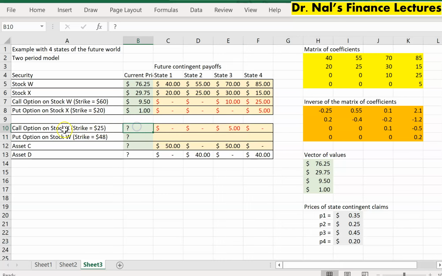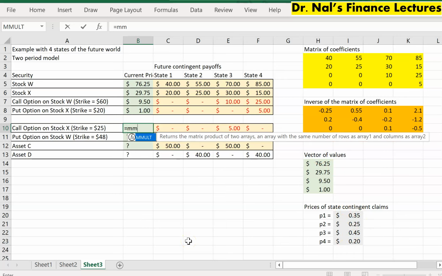So we are going to go ahead and value this security. I'm just going to write the formula right over it. So it will be equal to, I need to multiply, these are the number of state contingent claims that I want, each one 0, 0, 5, 0, and these are the prices of each of these state contingent claims.